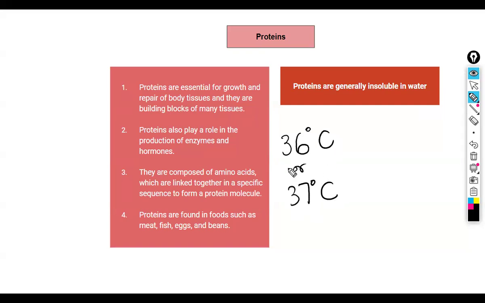If your body gets too cold or too hot, it's going to die. So how does your body keep itself at a constant temperature? It does many things, but one of the ways is it uses water to cool itself down or to maintain a certain temperature. That sounds very, very familiar, right?